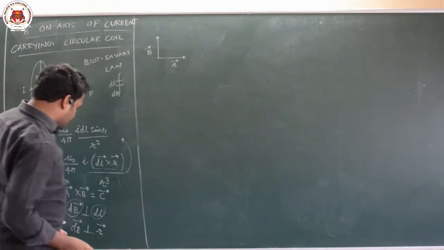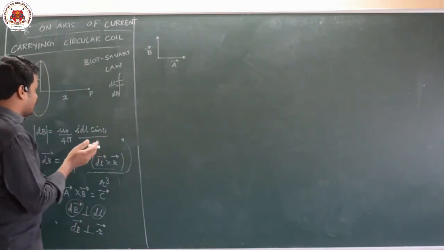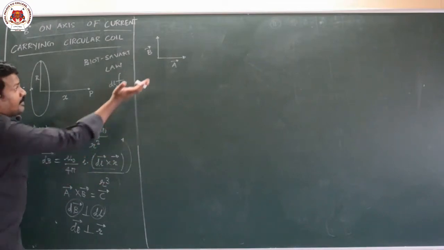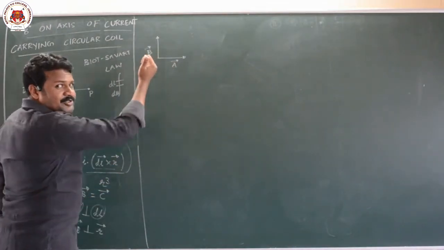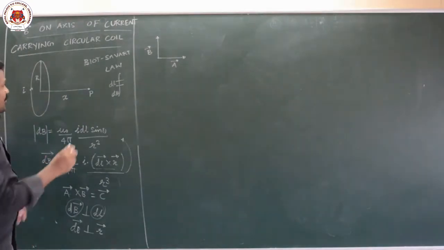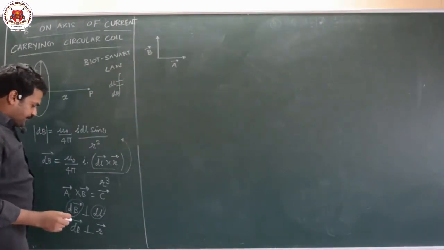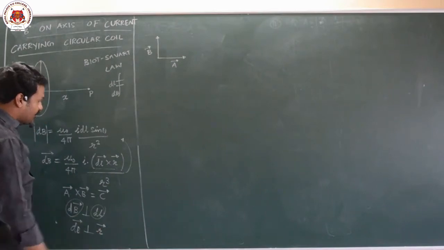So A bar cross B bar gives C bar, which is perpendicular to both A and B. So DB bar is perpendicular to R bar.